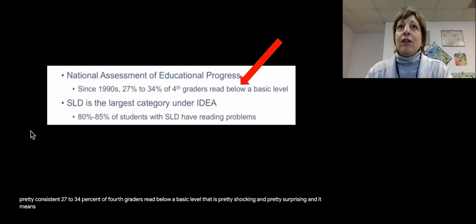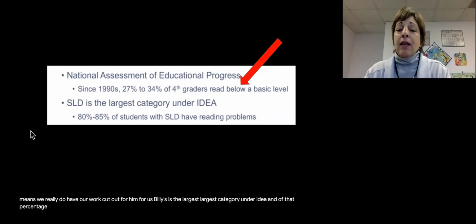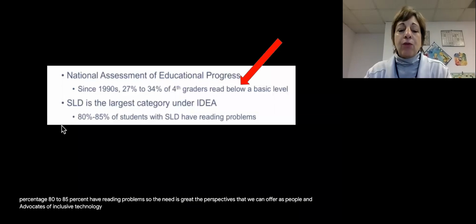And it means we really do have our work cut out for us. Specific learning disabilities is the largest category under IDEA, and of that percentage, 80 to 85% have reading problems. So the need is great. The perspectives that we can offer as people and advocates of inclusive technology can really be helpful.